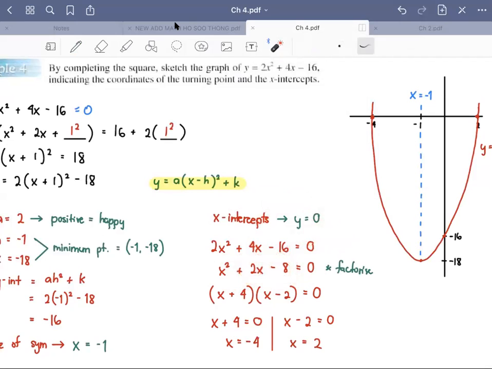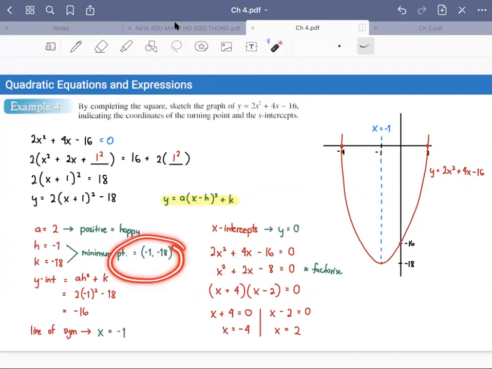They are 4 and -2, because 4 times -2 is -8, and 4 minus 2 is +2. These are the correct factors. That means x is equal to -4, and the other x is +2. These are the coordinates of the x-intercepts.